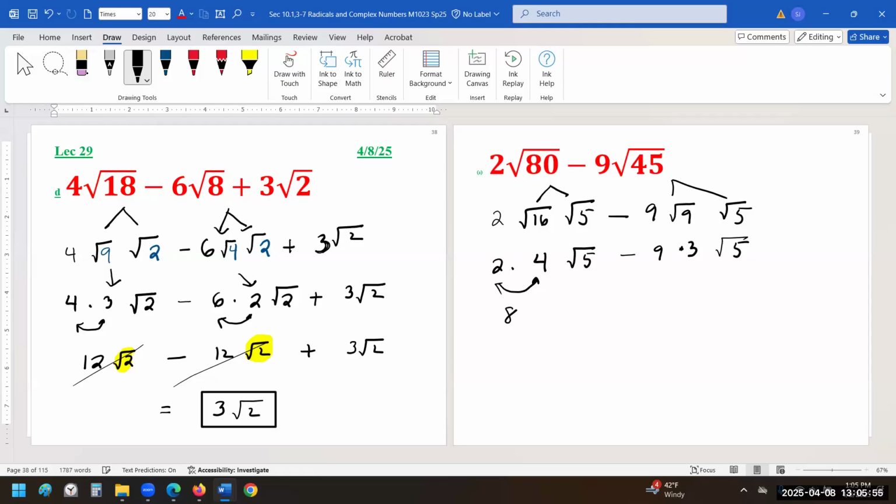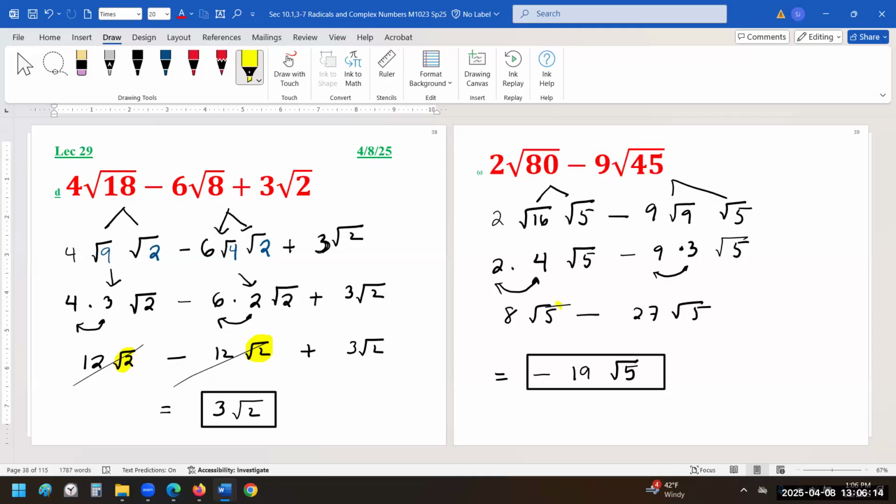So this gives us 8 square root of 5. This gives us 27 square root of 5. Total, we have negative 19 square root of 5. And these are like terms because we have the exact same root radical with the exact same inside.